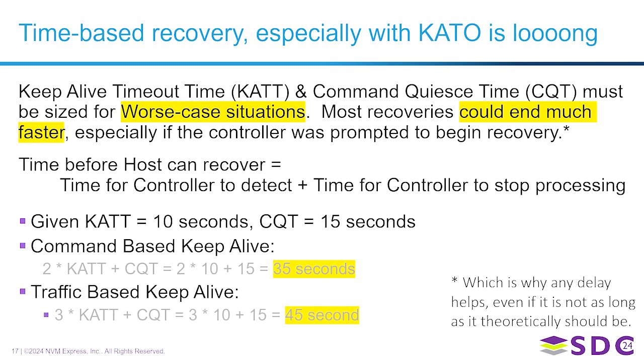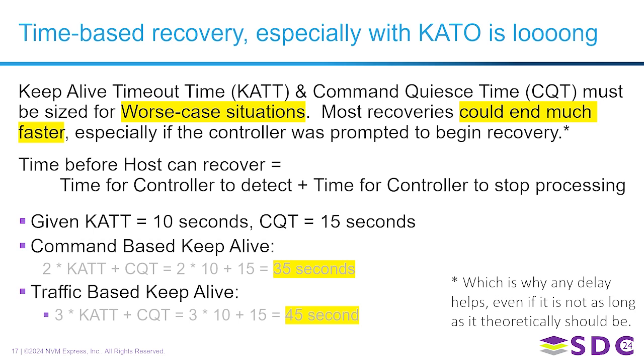in the system. And so the kind of times that we're talking about is if we've got cat going on for 10 seconds and we've got the command quiesce time at 15 seconds, then we're talking about 35 seconds before you can start to recover a command. So that means that if you're dropping a connection and there's outstanding commands on that connection, you're waiting half a minute.